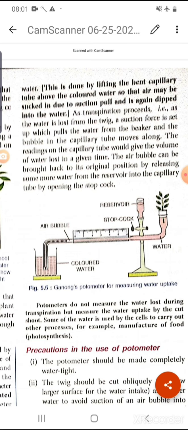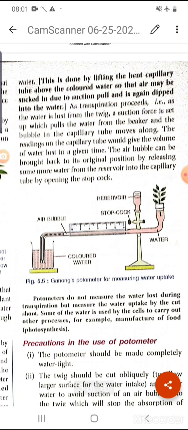The reading on the capillary tube gives the volume of water lost in the given time. The air bubble can be brought back to its original position by releasing some more water from the reservoir into the capillary tube by opening the stopcock. Here is the stopcock.